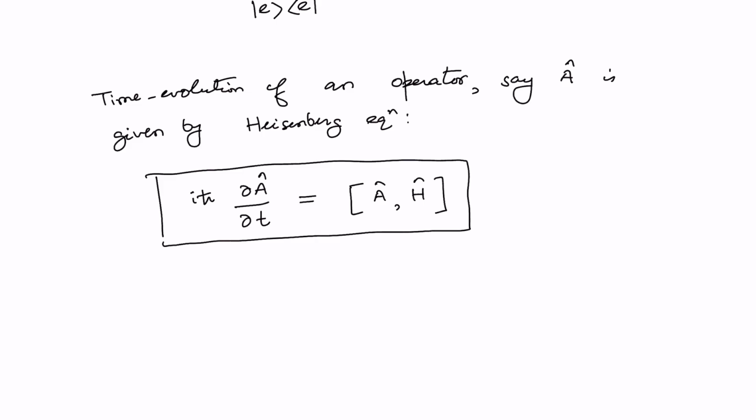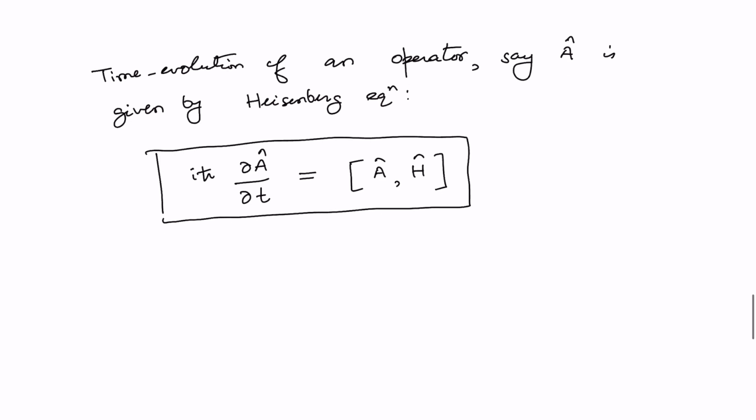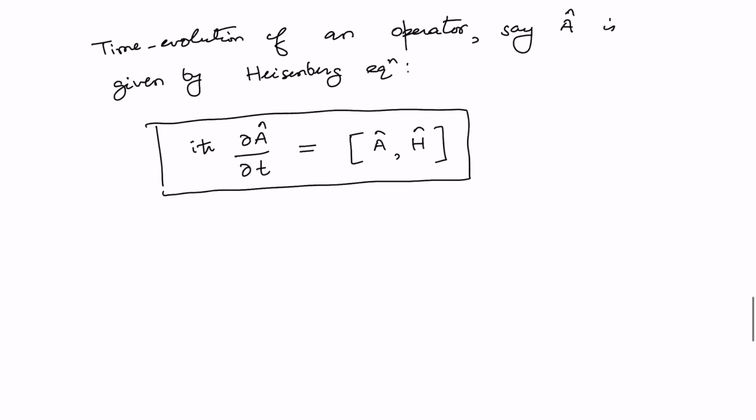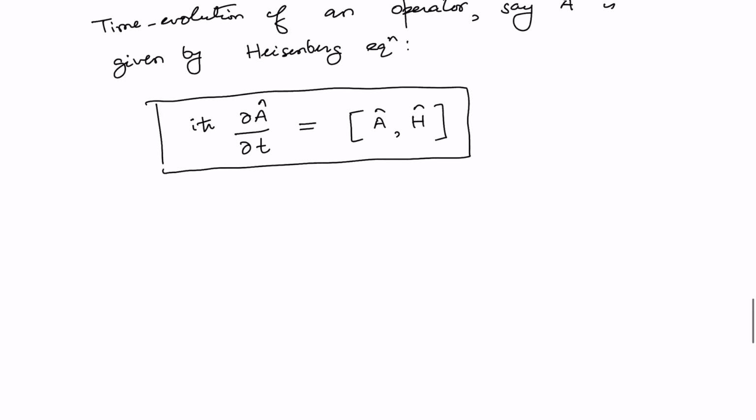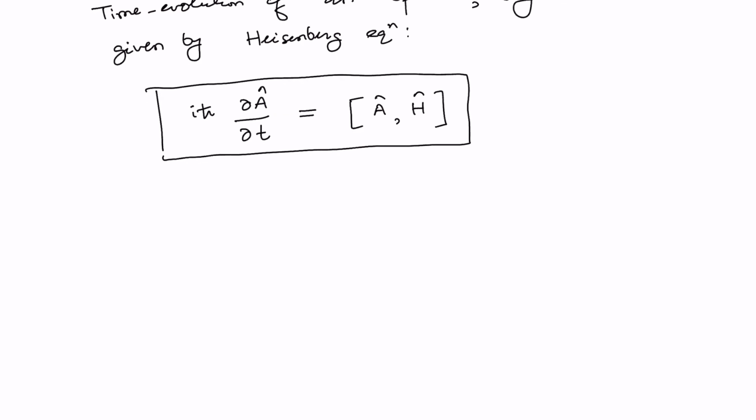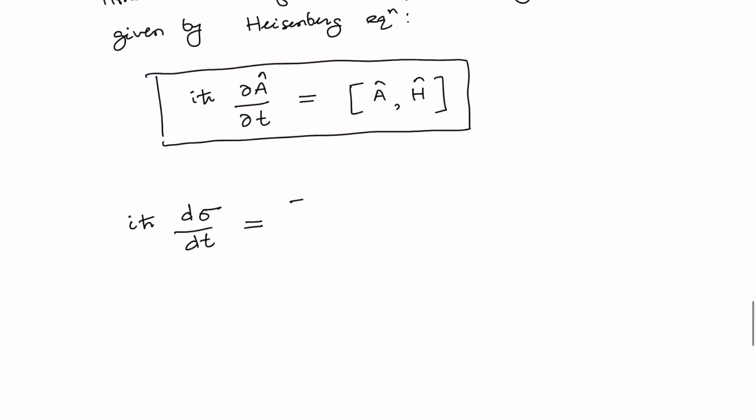This Heisenberg equation is extremely important, and we are going to apply it now to see how the atomic lowering operator σ evolves with time. Applying it to the atomic lowering operator, iħ dσ/dt shows how the operator evolves with time, and this would be [σ, H].